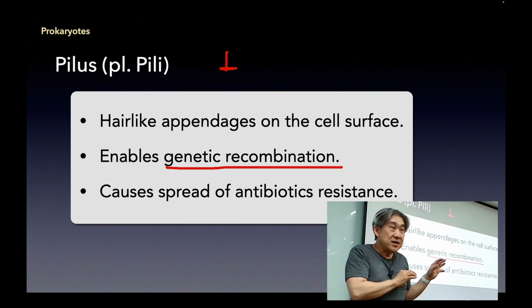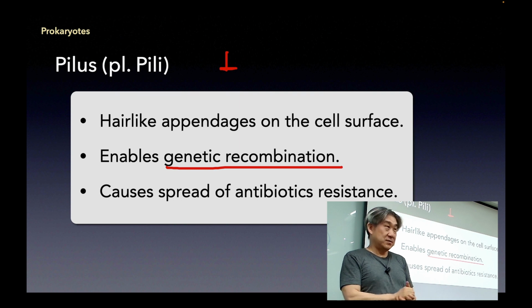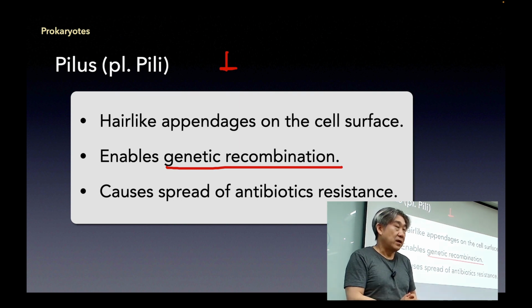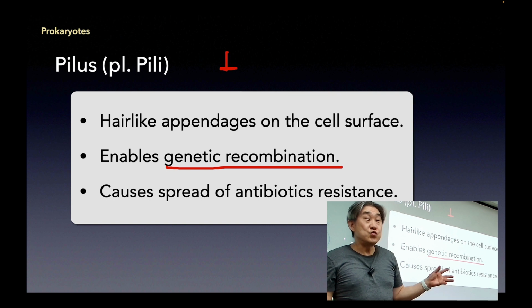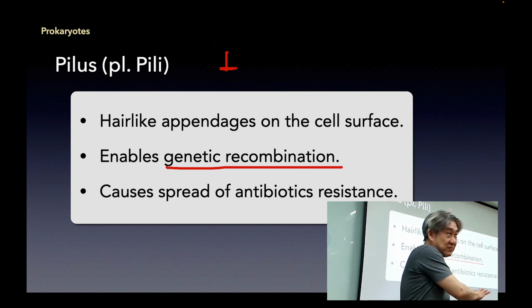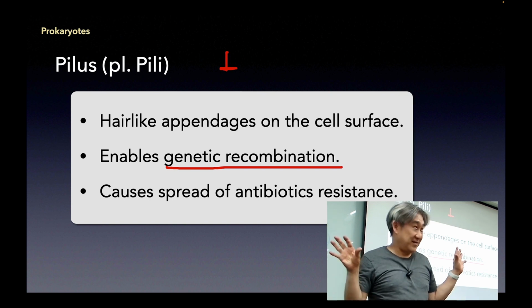But what is the very critical, deadly disadvantage, the potential disadvantage of asexual reproduction? When you die all together. Everybody goes to hell together.